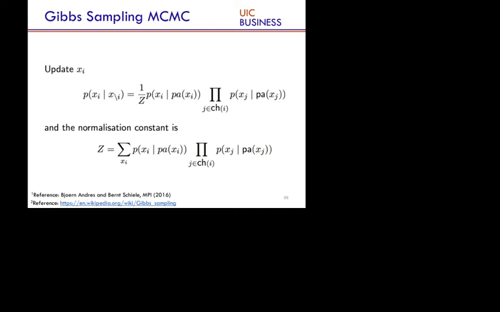I'll sample p of x1 given x2 to x6 from the 0th iteration. Whatever those numbers are, I fix them and, conditioning on them, sample the first coordinate. So I'll get x11, a new sample.